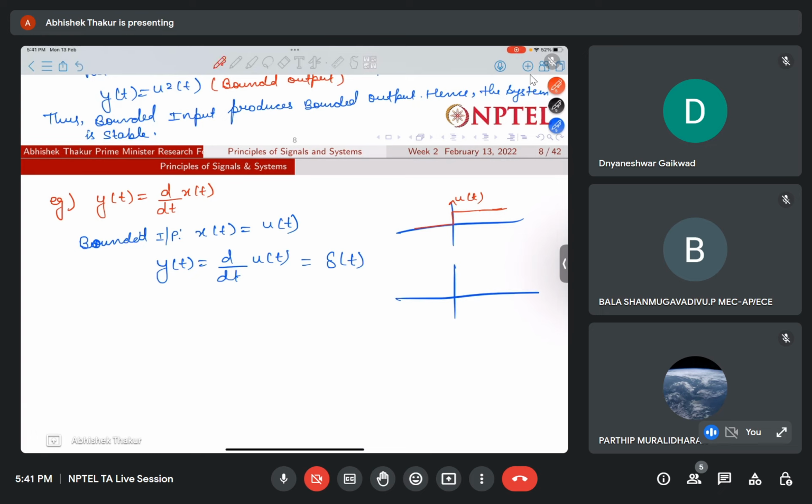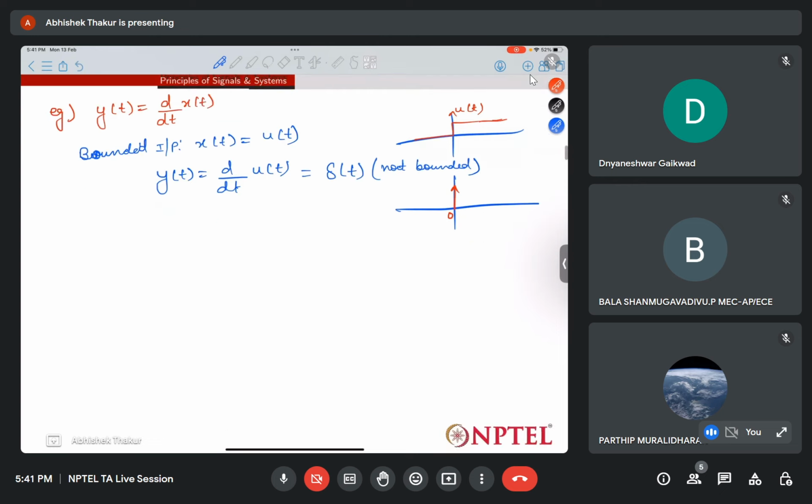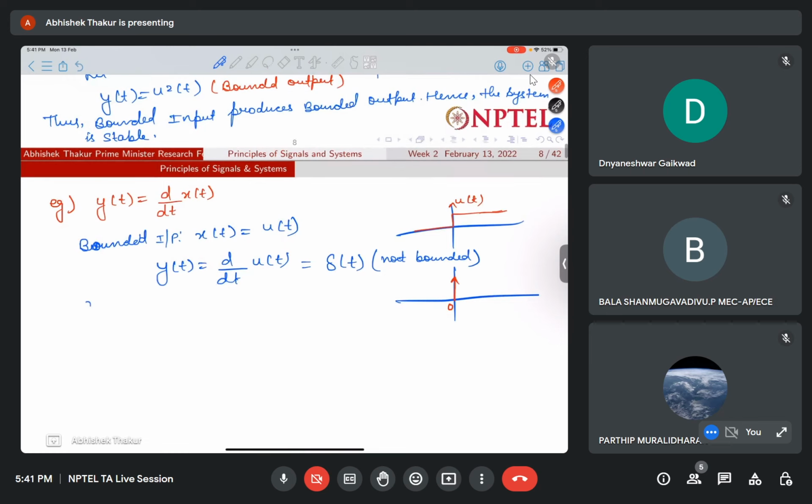You will get an impulse function like this. At t is equal to 0, the value is not defined, that is infinite, and for all other values of t, it will be 0. Hence, this is not bounded. Therefore, the system is unstable.